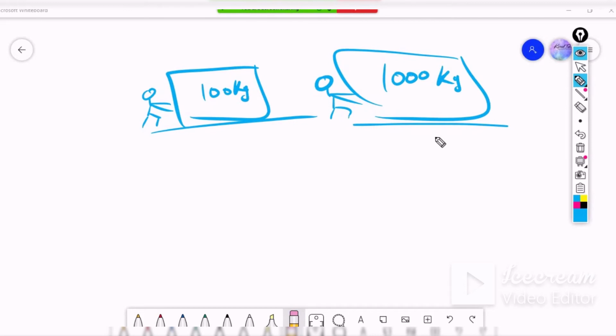Now we can say that the normal force, Fn, affects the friction. More normal force, more friction. Greater normal force, greater friction. Not just the normal force, guys, but also the surface. The surface will be different. When you push this object on a carpet, it is not like when you push the same object on ice, for example.